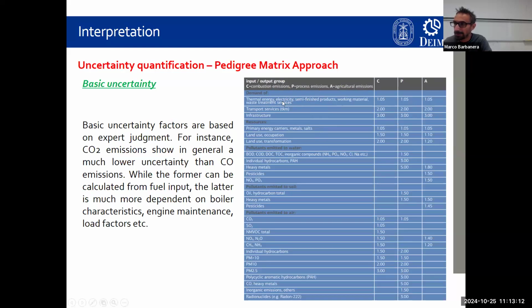For example, if you have an electricity consumption in an industrial process, in this case you have to consider the column P, process emission. If this electricity consumption is related to, I don't know, an agricultural process, in this case you have to consider the column A.